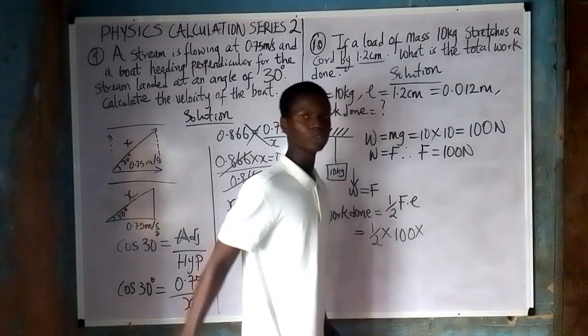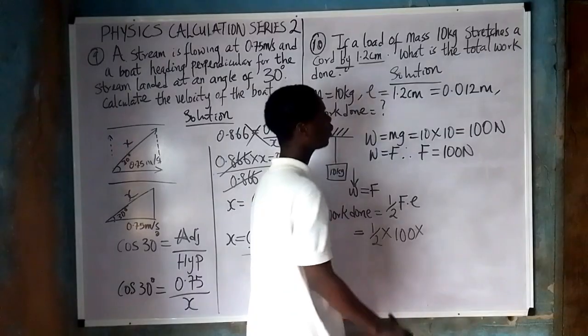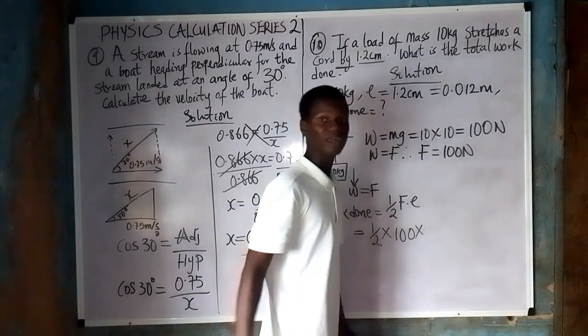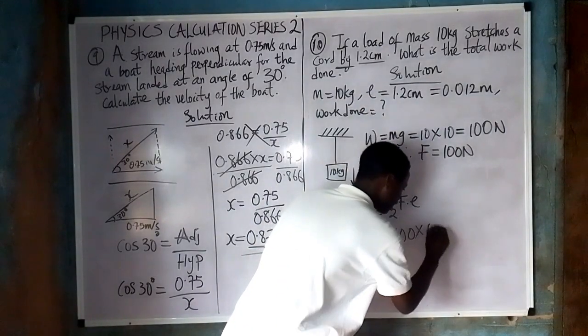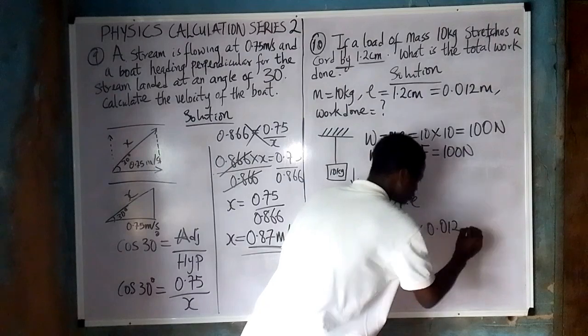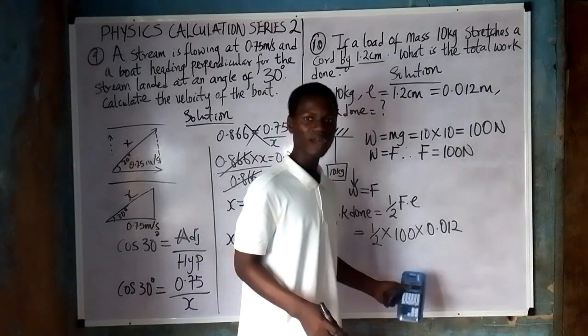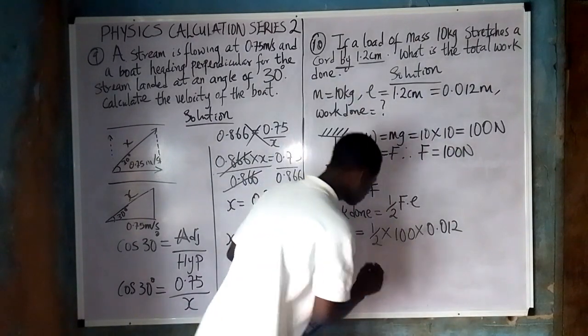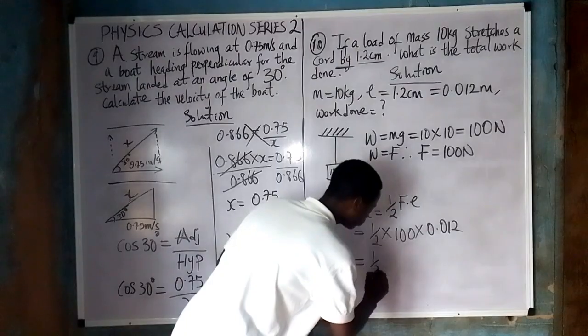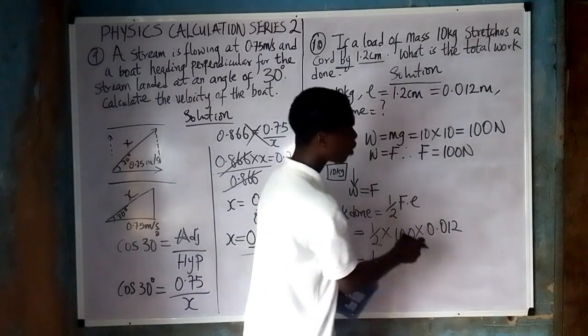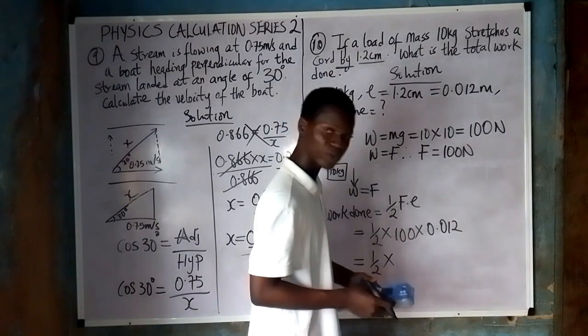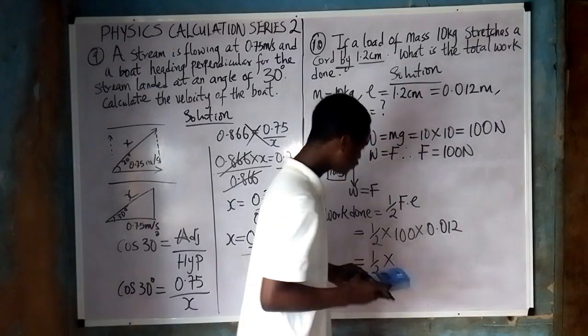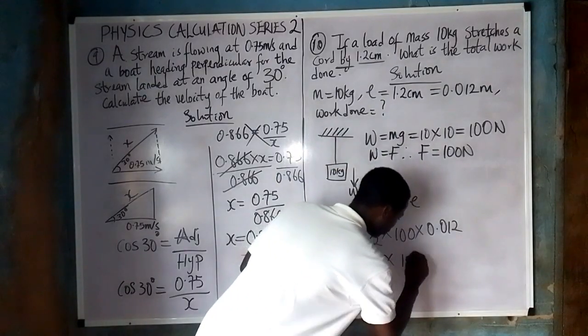Now what was given as our extension? 1.2 cm. But do we work with that? No. We work with the equivalent in meter. Now what is that? We have 0.012. So guys, this is what we have in meter. So let's do this now. We now have 1/2 times 100 times 0.012. That gives us 1.2.